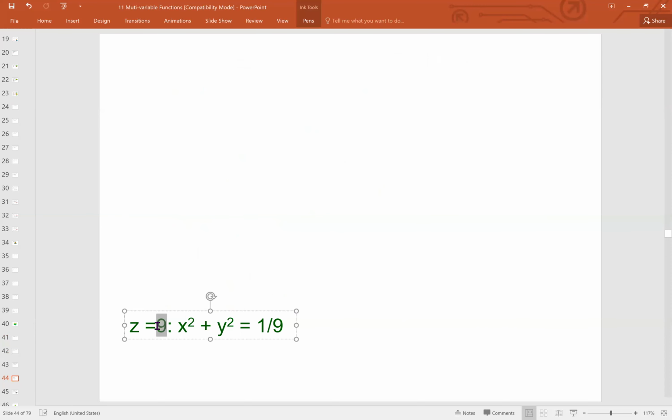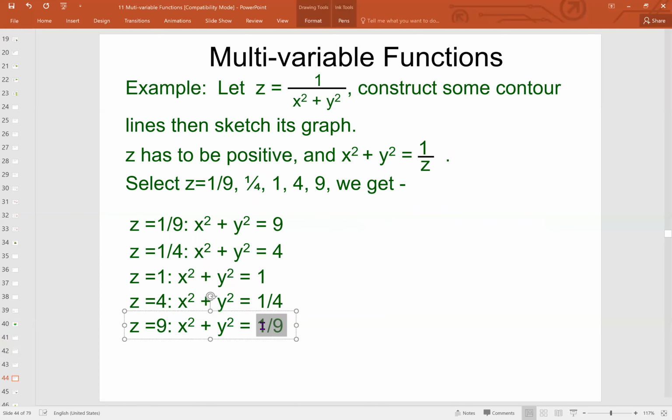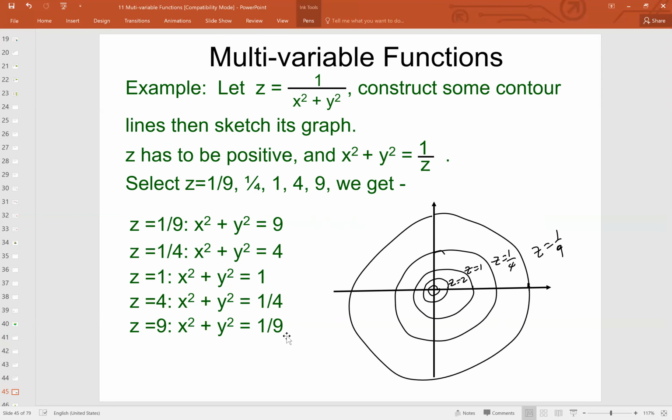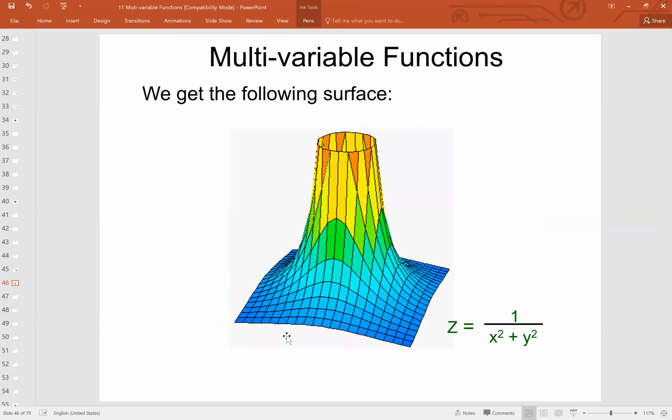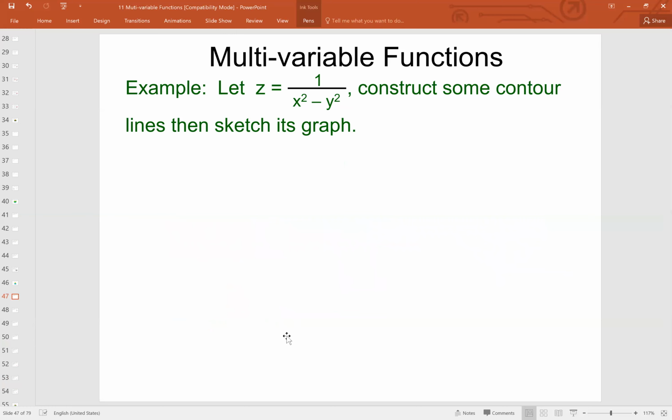Look, when z is 9, the radius of the circle is only 1/3. When z is 16, the circle shrinks even smaller. In other words, we're getting a tapering out here. And these are the contour curves, and this is what the three-dimensional surface looks like.